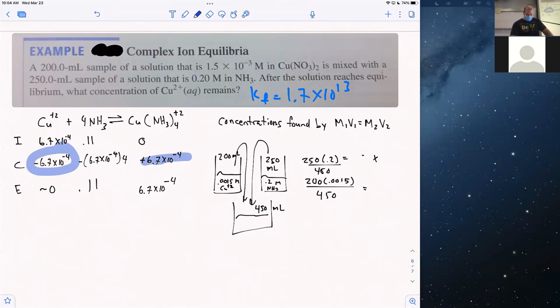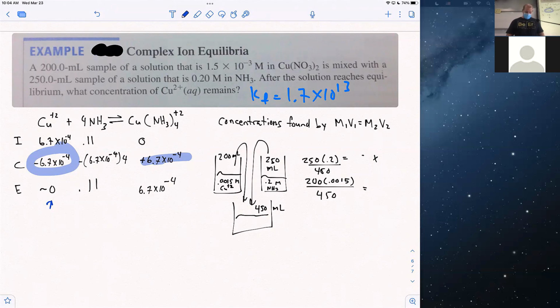Our small value now is how much copper is left over. A little bit of copper is left over. 6.7 times 10 to the minus 4 is a really small number, so you can discount that. You can include it in the equilibrium if you want. It goes pretty much to 0.11.